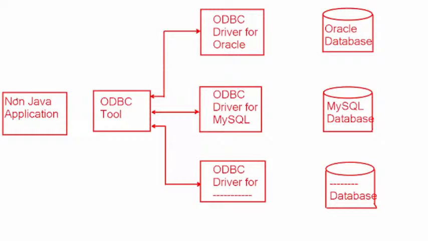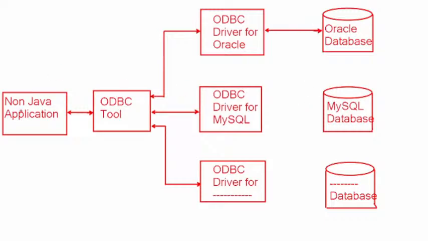This application, they connected to the ODBC tool. This tool contains a list of ODBC drivers. Suppose they want to connect to Oracle, they selected this driver. With this driver, they connected to Oracle.